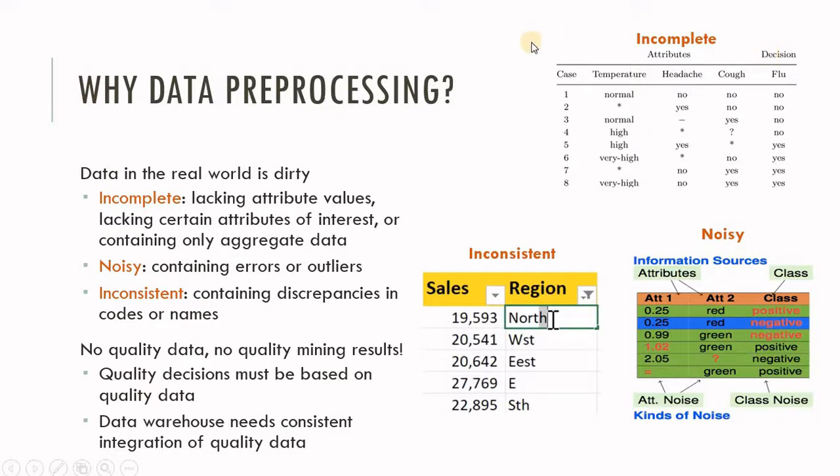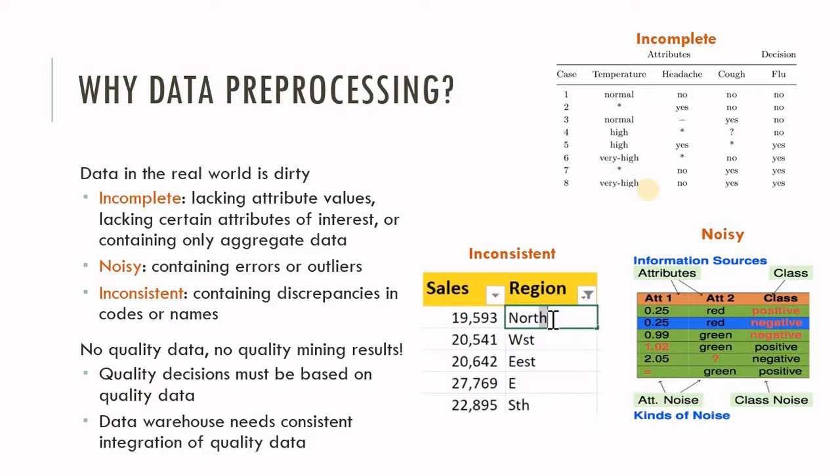In the first figure, the table contains some values, but some values are empty, like this star. It means the value is empty or missing. This question mark, this dash. So this shows that the data is incomplete. It contains some missing values.